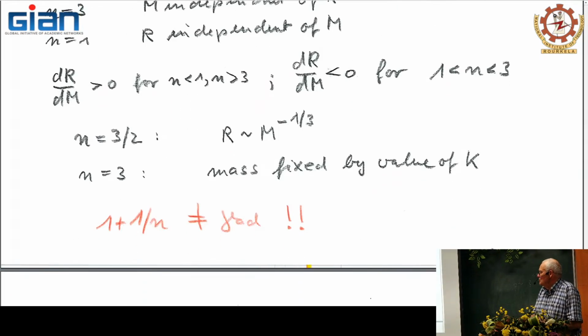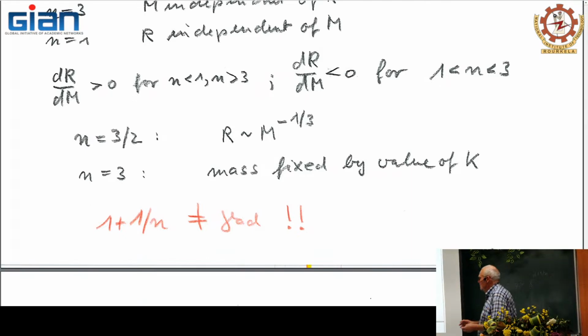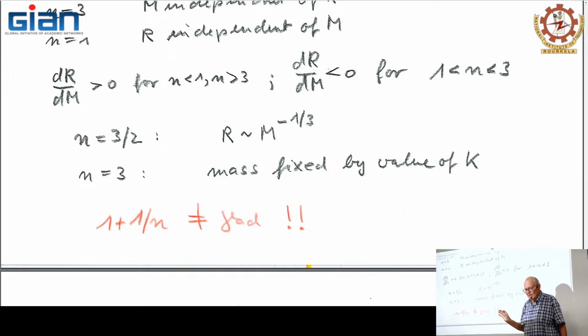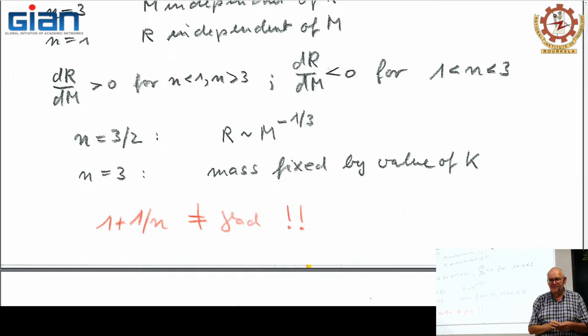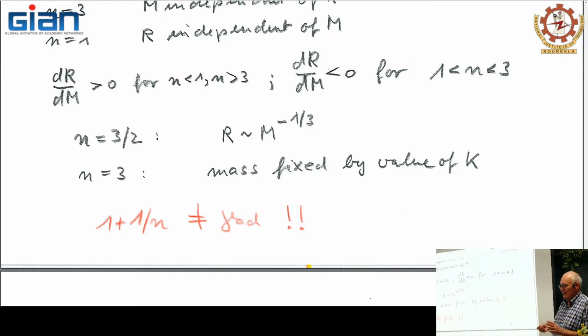I should emphasize here that 1 plus 1 over n should not be confused with the adiabatic index. The adiabatic index is determined by the equation of state only. You have an equation of state, and you require that the changes of state are adiabatic, that means the entropy is constant. This defines the gamma adiabatic: d log p by d log rho at constant entropy, without any reference to a stellar model.